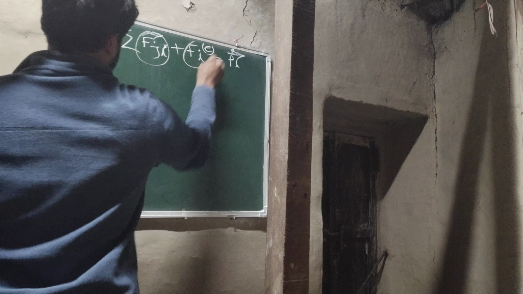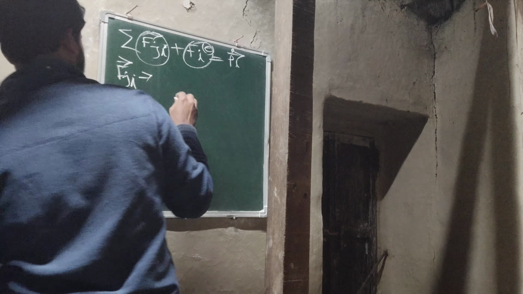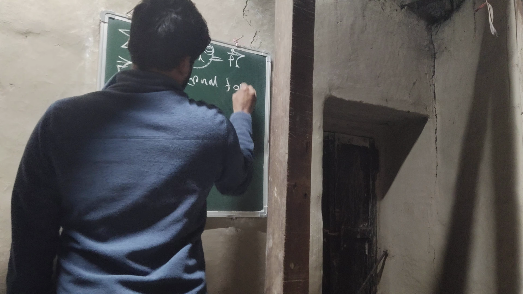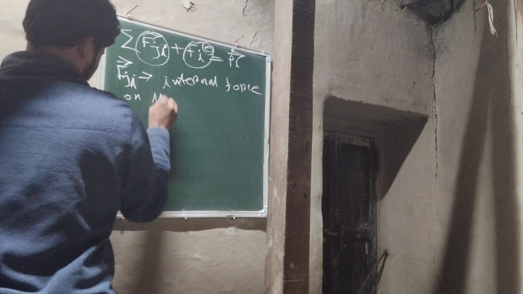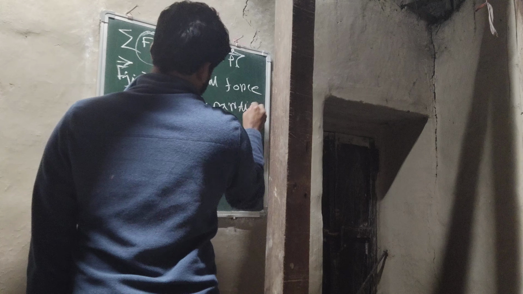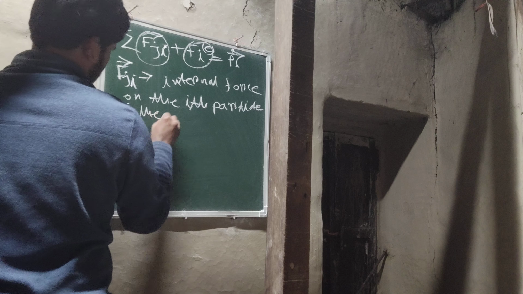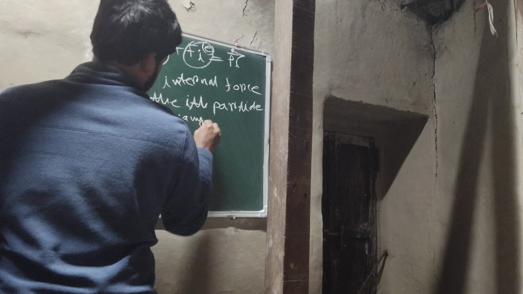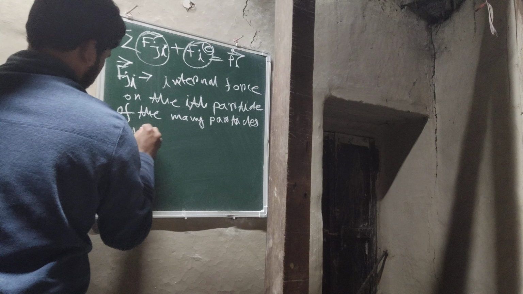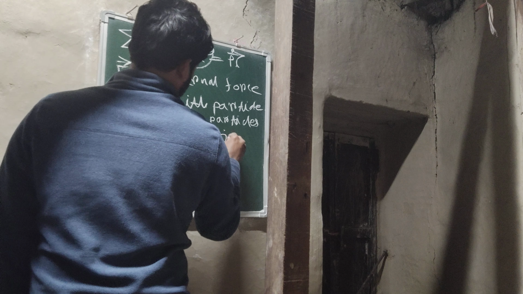There is F_ji and F_i. F_ji is the internal force on the ith particle of the many particle system due to the jth particle.